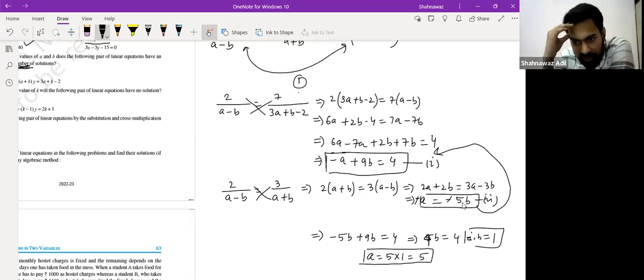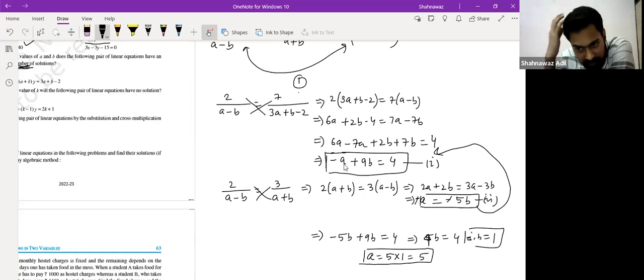By choosing the first and second equality, second term, we got a in the form of b, so we didn't need to use the elimination or cross multiplication. We can put a here and find the value of b.